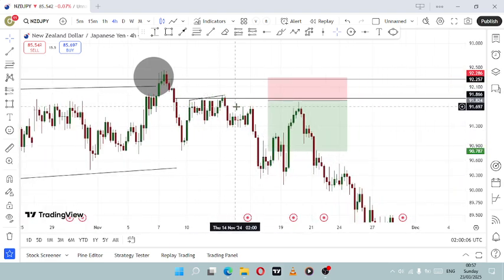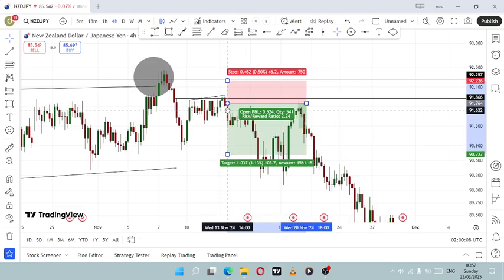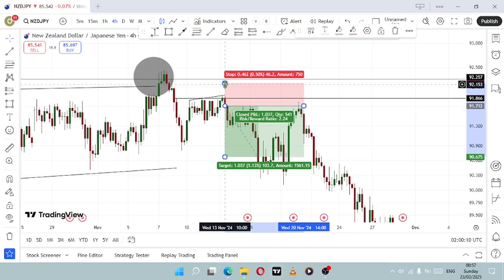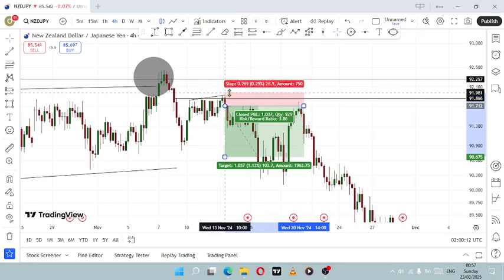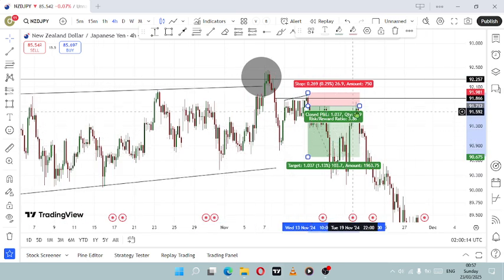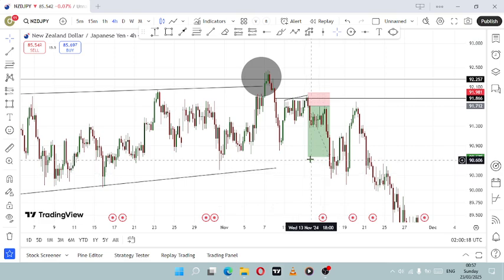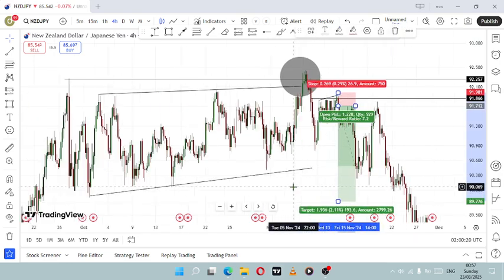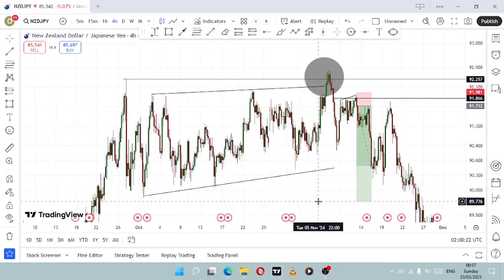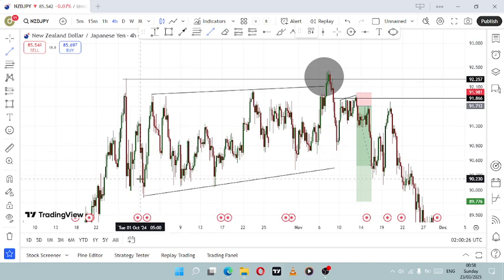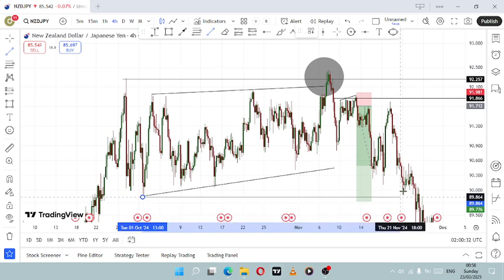So 1, 2, and the third touch. I'll take this as a 4-hour non-structured. And for a 4-hour non-structured, I can take it as a 1-hour structured risk entry.